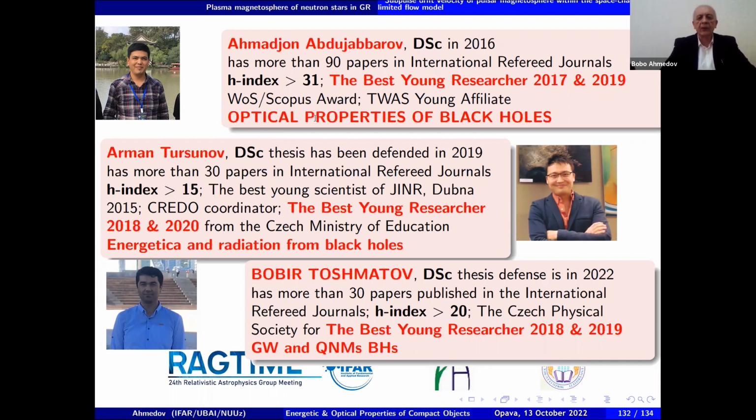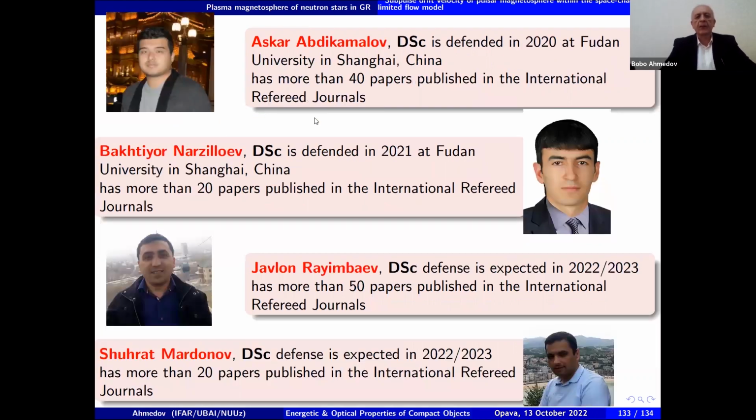We also have very young scientists trained at Fudan University in Shanghai, Askar Abdikamalov and Parter Nazloy, who have also got habilitation, and Shuhrat Mardonov, who trained at the Basque University in Spain, and Jalon Rainbaev. These two researchers are expected to get their habilitation in a few months.